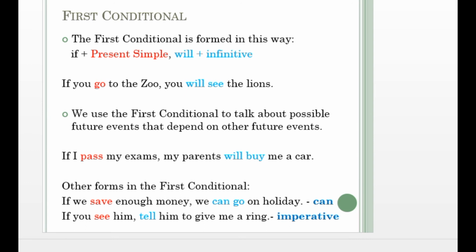Other forms in the first conditional we have: if we save enough money, we can go on holiday. The use of can instead of will, right? If you see him, tell him to give me a ring. So we use if plus the verb in the present, and in the main sentence we use the imperative. Alright?